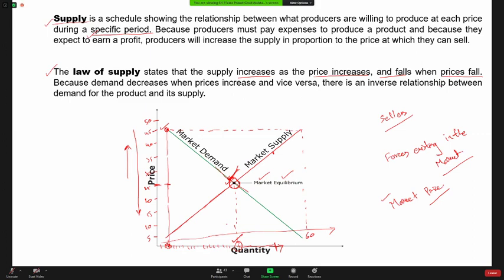So simply to say, sometimes agricultural products like tomatoes, and some other goods, the prices fall abruptly. For example, suddenly the tomato price comes to 2 rupees or 1 rupee.